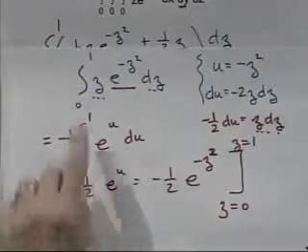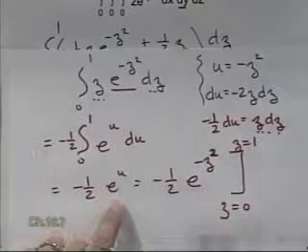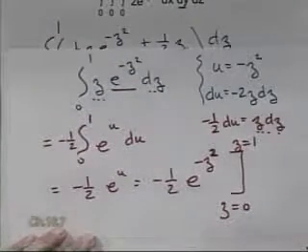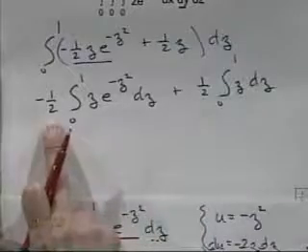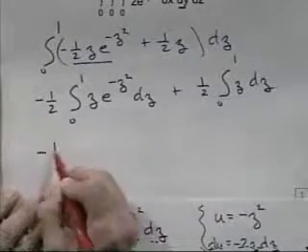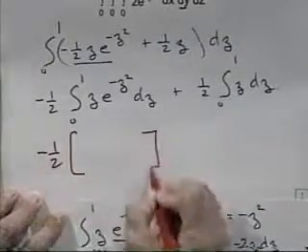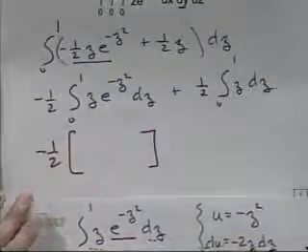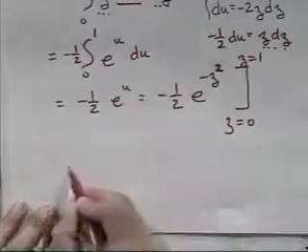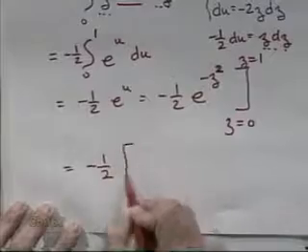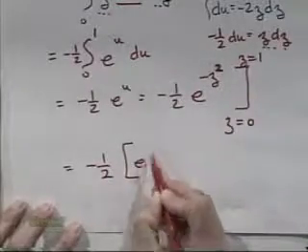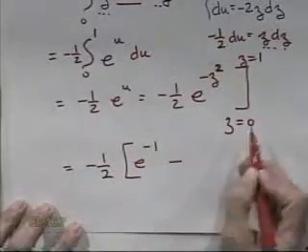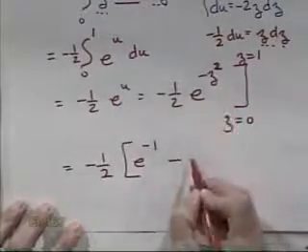A lot of times students will start plugging in the 0 and the 1 here, but no. Question? Are you forgetting the 1/2 out here? Yeah. What I'm going to do is go minus 1/2 and then plug in what we figured out that integral to be. So plugging this in, I have minus 1/2 times, putting in a 1, I get e to the minus 1, minus, putting in 0, e to the 0 is 1.